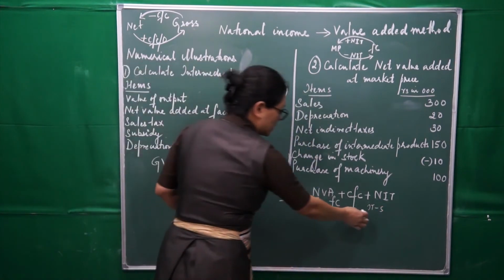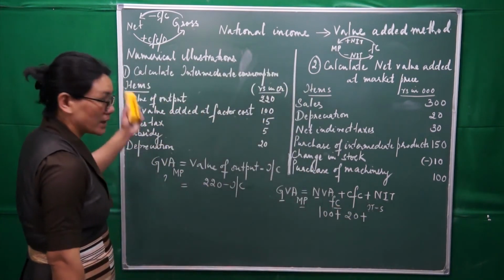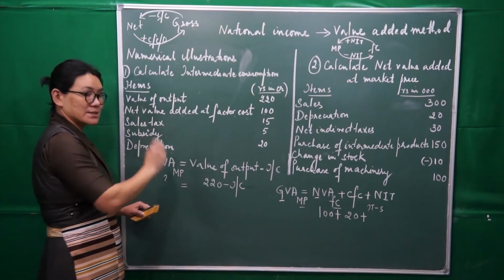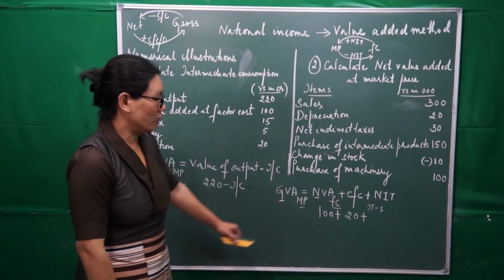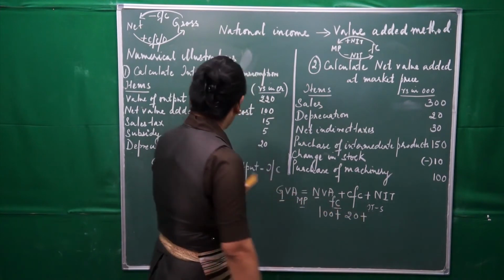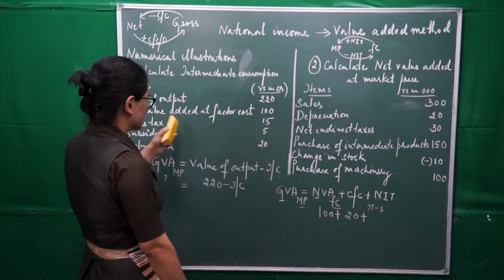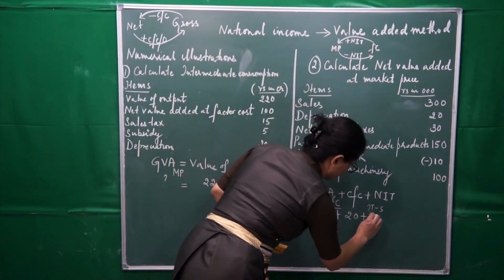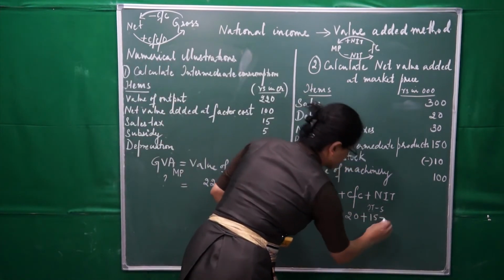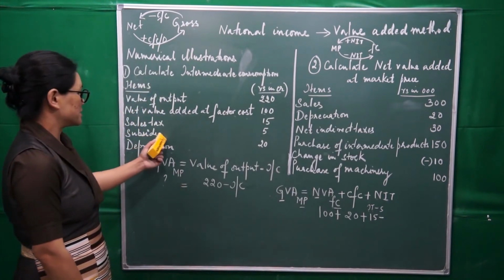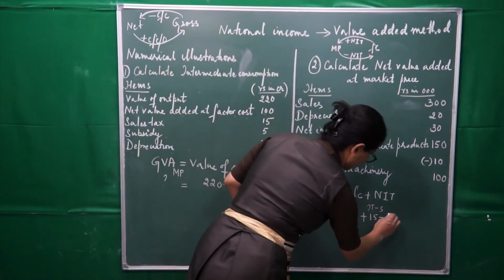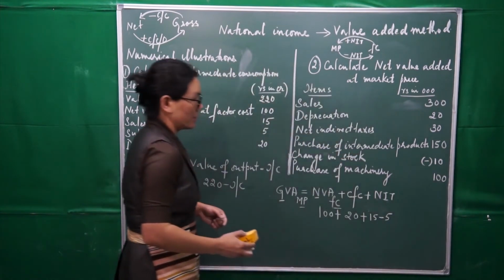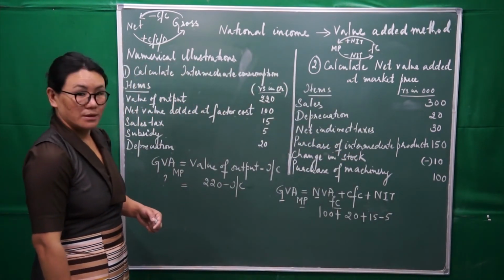Right? Now, IT is what? Indirect tax. Is it given here? Yes, it is given. What is given here? Sales tax. This is an example of indirect tax, right? So I will write here sales tax is how much? 15. 15 minus subsidy, subsidy is given 5 here. Right. Now done.